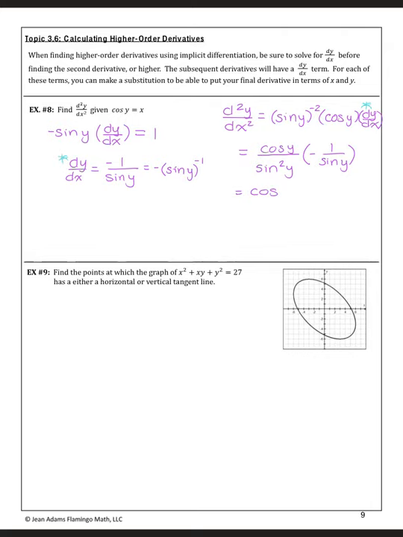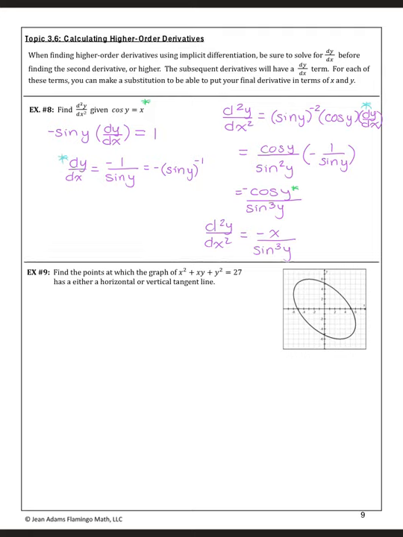So we have a negative there, negative cosine y over sine cubed y. Another substitution is going to happen right here. Cosine y, we know that that equals x. So the second derivative is actually -x over sine cubed of y.